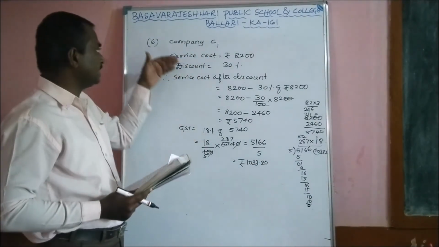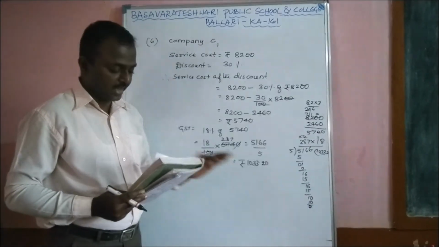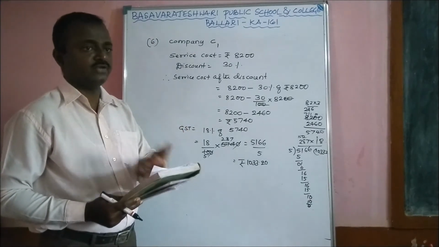That means I have done company C1. That is the GST amount. Like that you have to do C2, C3, C4, C5.